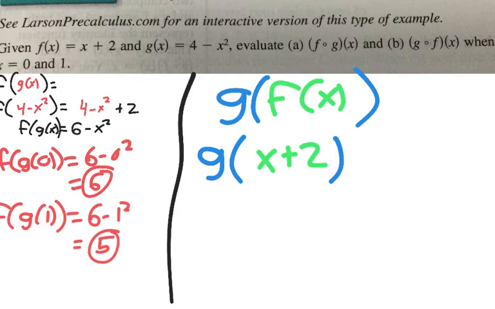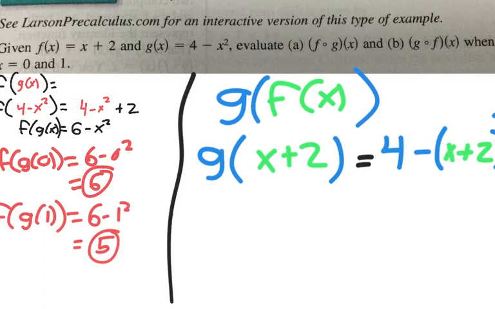And so that's going to give me 4 minus x, which is now x plus 2 squared. So I just plugged x plus 2 in where there used to be an x.